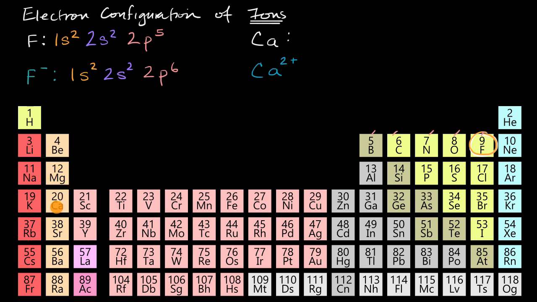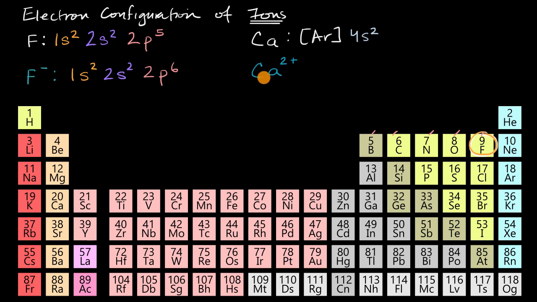The noble gas that comes right before calcium is argon. So it's going to have the electron configuration of argon. And then we are going to have 2 electrons for that 4th shell. It's going to fill in the 4s subshell. And so we're going to have argon, and then we're going to have 4s2.